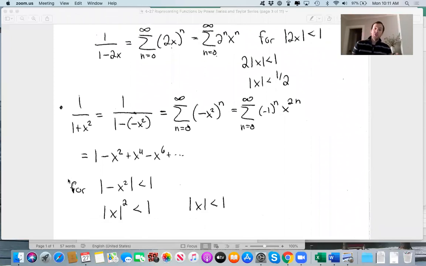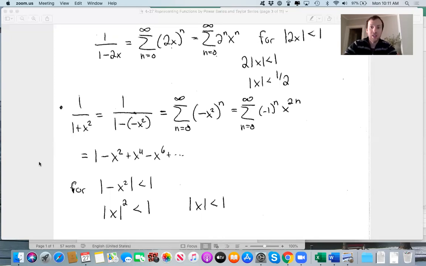Another way that we can do this is also of theoretical interest. And I made this connection last time: 1 over 1 plus x squared. The integral of this is arctangent. So a question is, how could you find a series for arctangent?